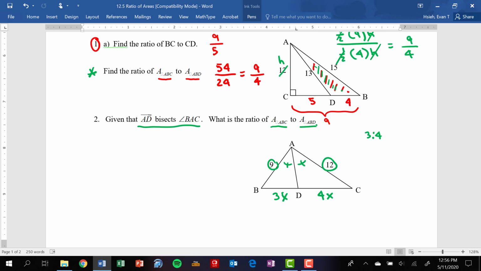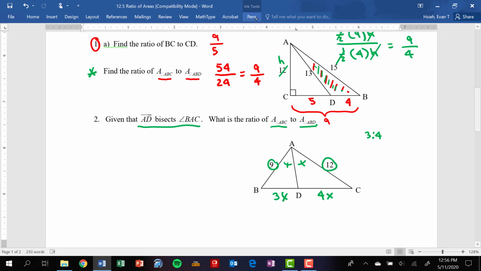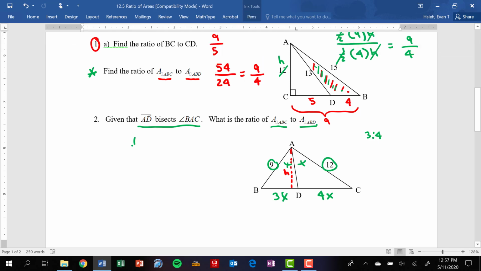And if I'm looking for the ratio of the entire triangle to the triangle over to the left, let's go ahead and insert a height here. Okay, this is going to be the height. So for the entire triangle, it'll be 1/2 of 7x, the entire base, times that same height that I drew in.